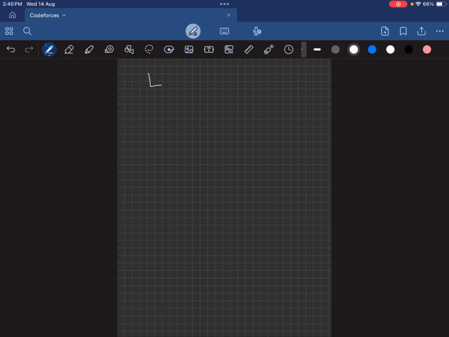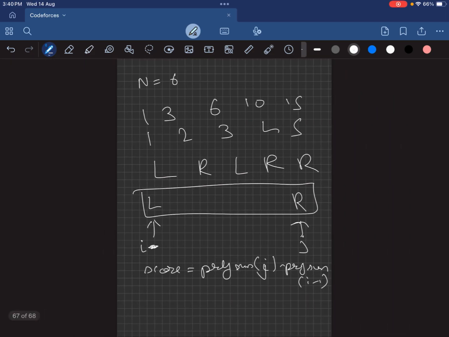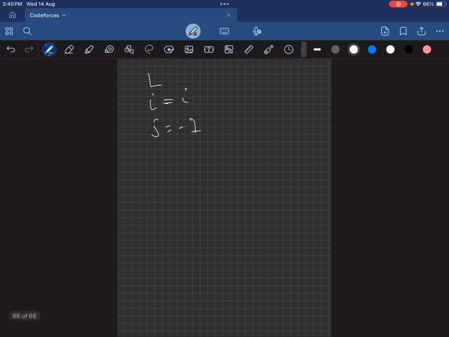So I will be as it is, J will be decreased by 1. If we come across L and R, we increase I by 1 and decrease J by 1. If we come across L and L, we keep I as it is and decrease J by 1.